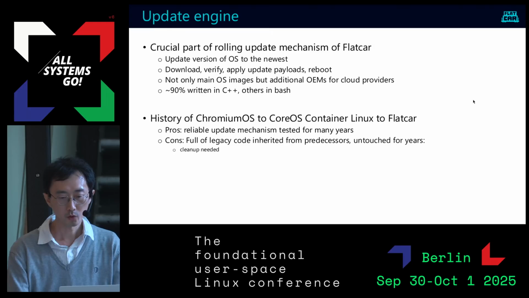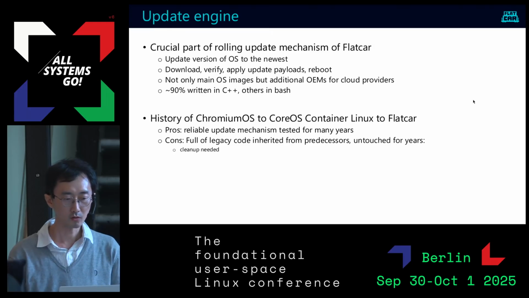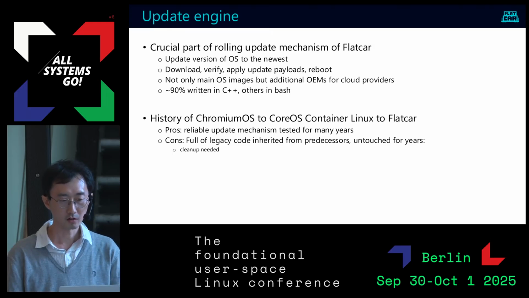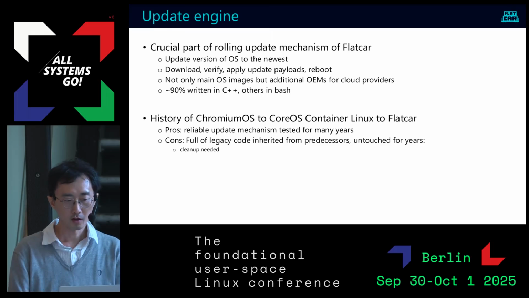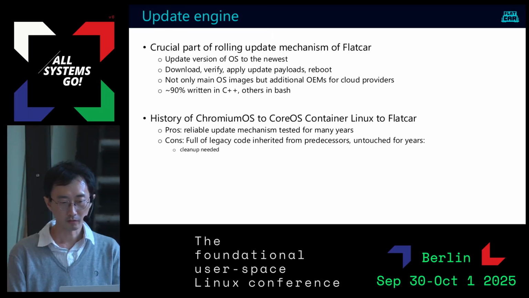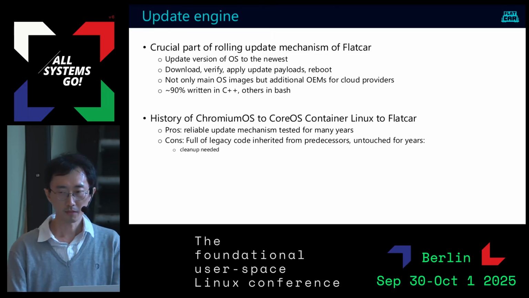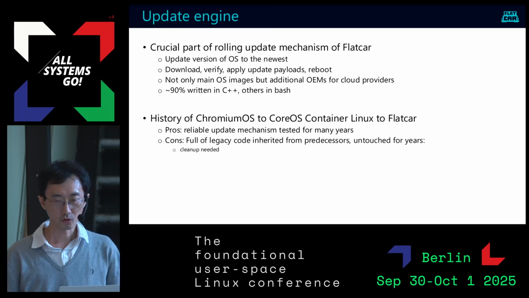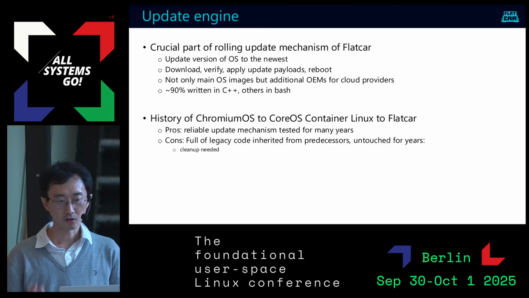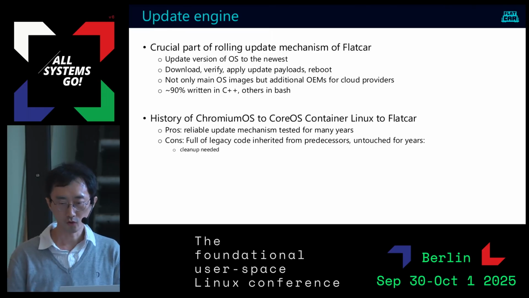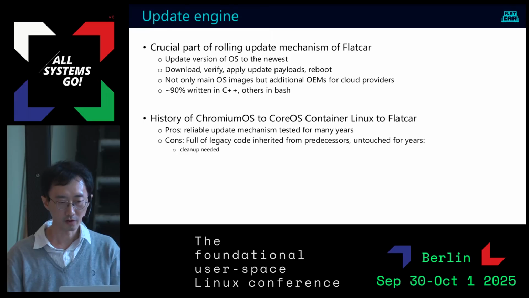Today I'm going to focus on one part of Flatcar, which is update engine. This is a crucial part of the rolling update mechanism of Flatcar. It basically allows you to update the OS version to the newest very smoothly.